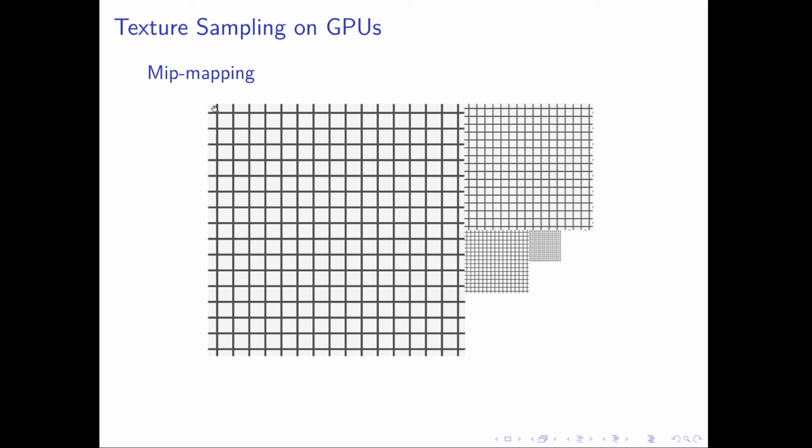Then, depending on how far away the samples are that I'm taking, I can use different levels of this so-called mipmap pyramid. For features that are farther away, I would map to those low-frequency textures, in order to avoid the problem that I showed you earlier.